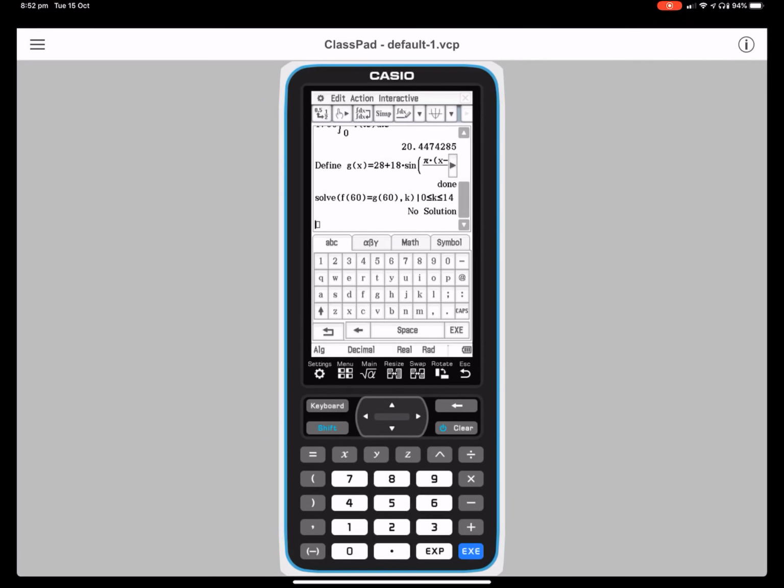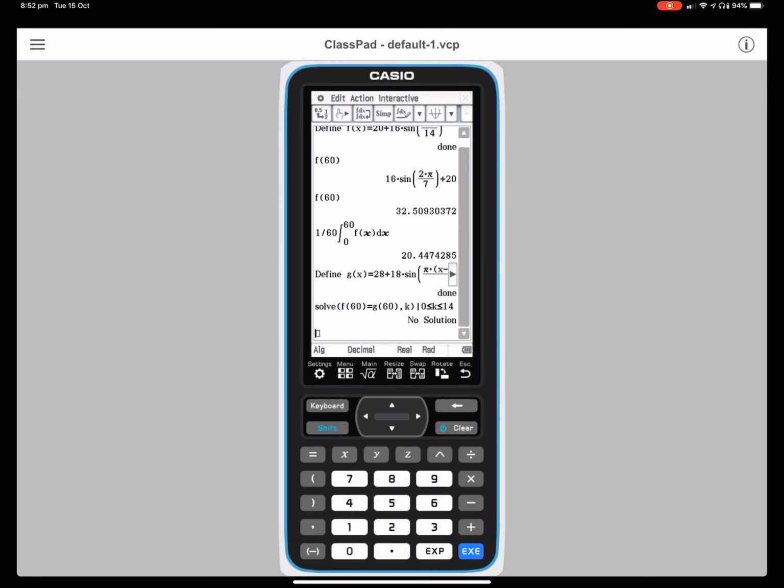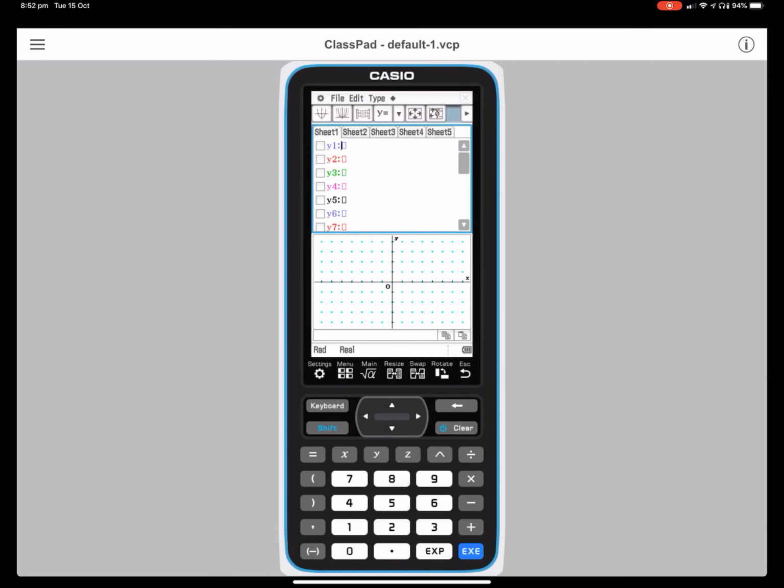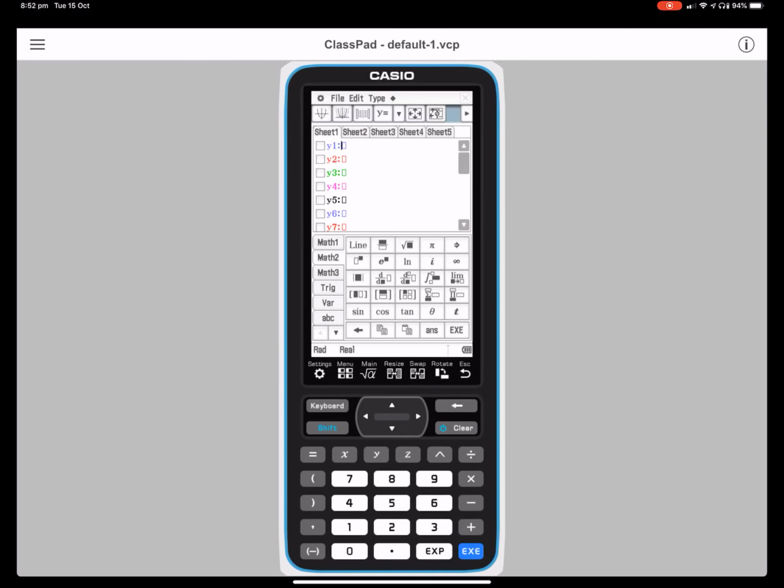Okay, so I've defined that. So now let's sketch them both. f of x and g of x.